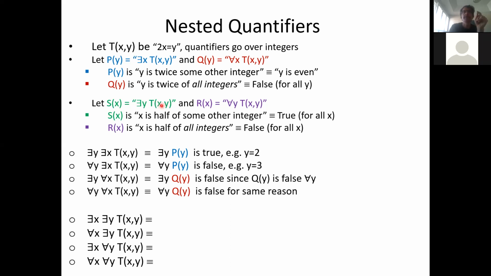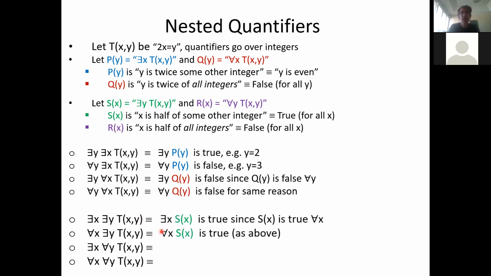In other words, that there exists a y such that 2x equals y. Well, this is a trivial predicate. It's that 2x is another integer. Well, you know that is true. If you start from an integer, there always is an integer that is twice bigger. So that's true for all x.